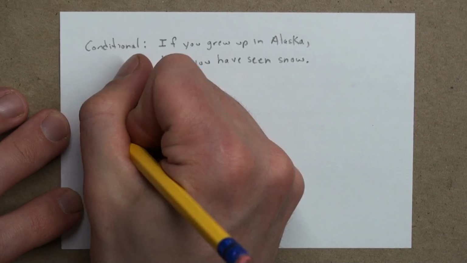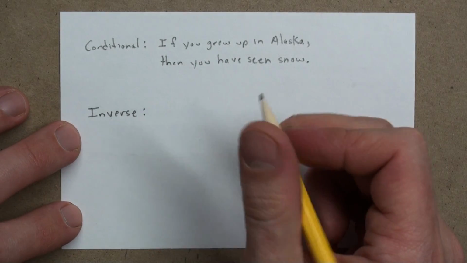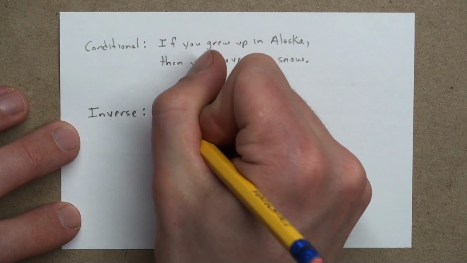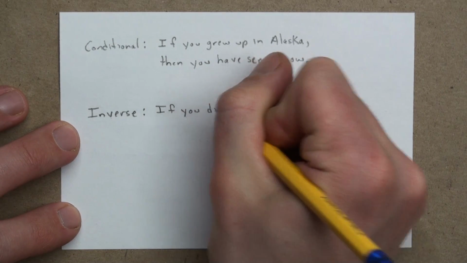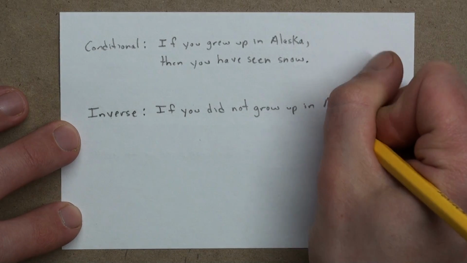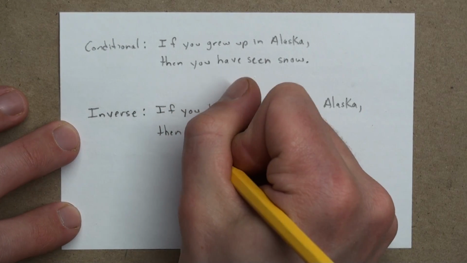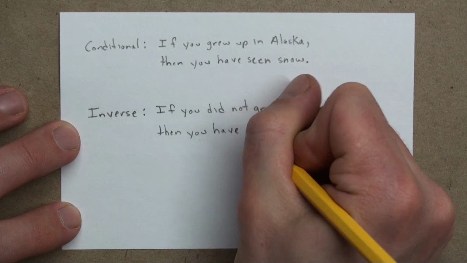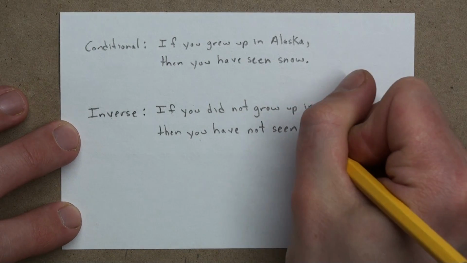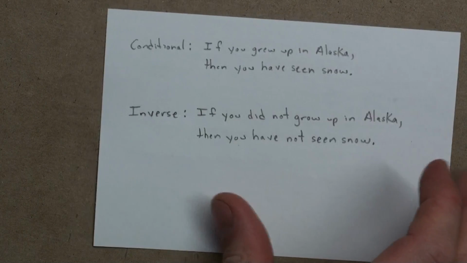The inverse would be, if you did not grow up in Alaska, then you have not seen snow. You see how we just negated both parts by inserting the word not into both parts of the sentence. That's inverse. Okay?